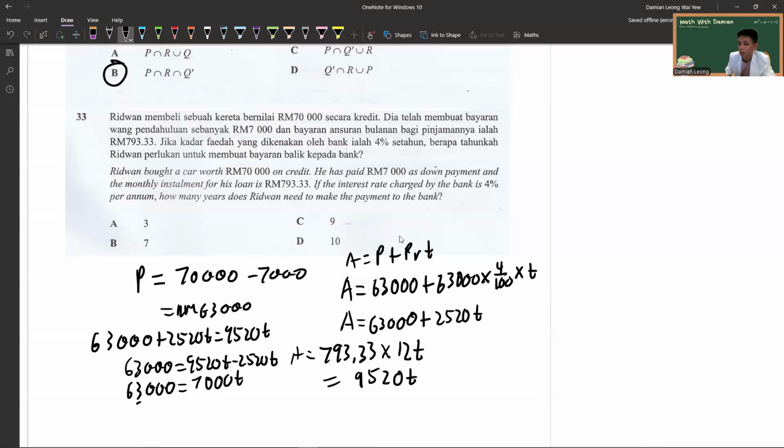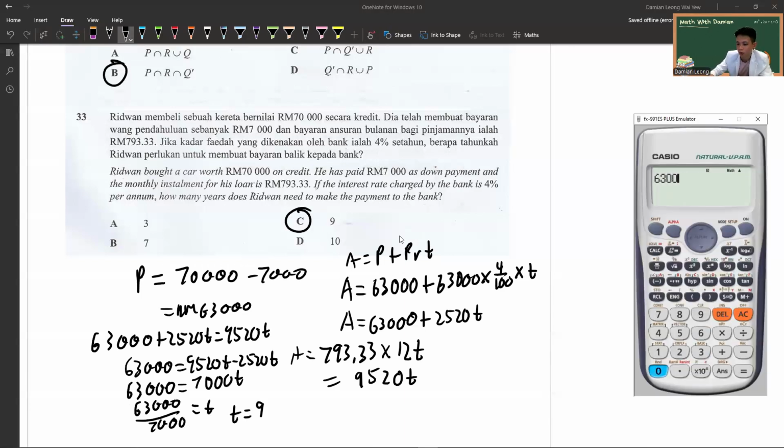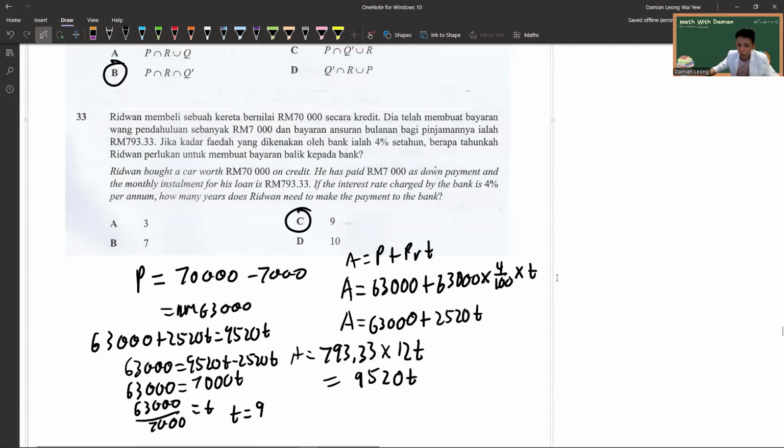So 63,000 divided by 7,000, t is 9. Means he needs to take the loan for 9 years. That's the answer for question 33.